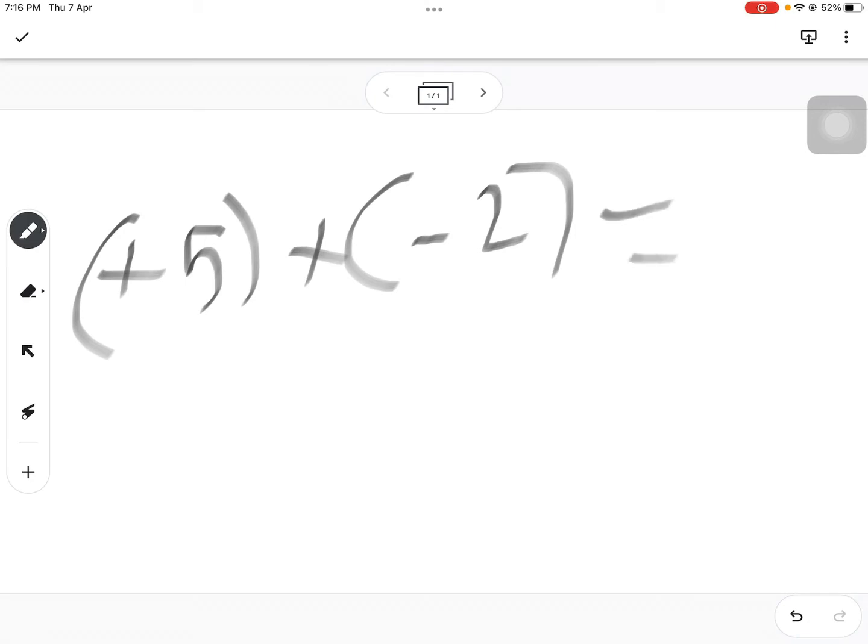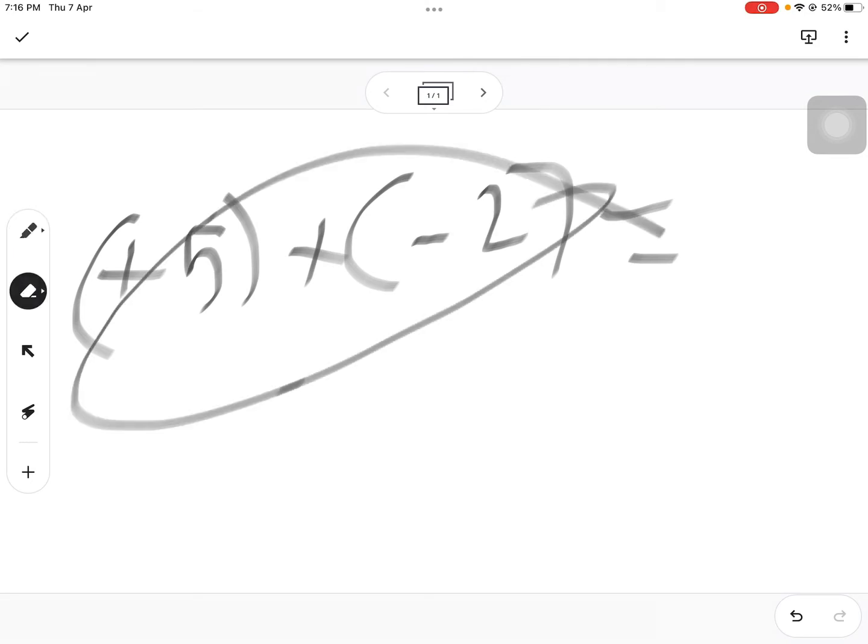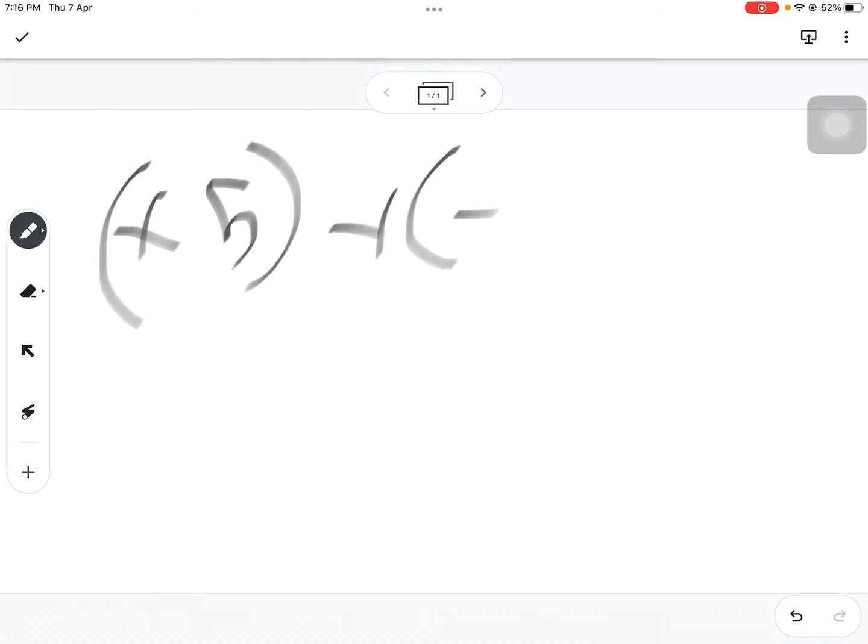So the answer will come in, wait. No, guys, that was wrong. That was for multiplication. So basically, positive 5 plus negative 2 is equal to, what is the answer?